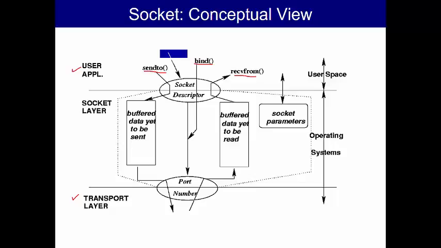And those functions need to talk to the kernel level of your operating system. We will learn that when it comes to operating systems. But your application is on the user side.